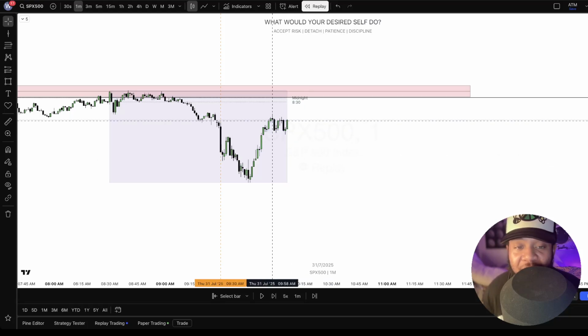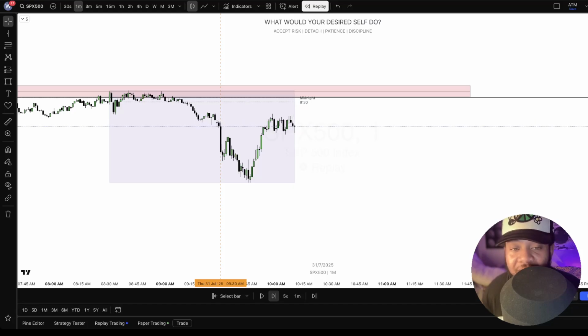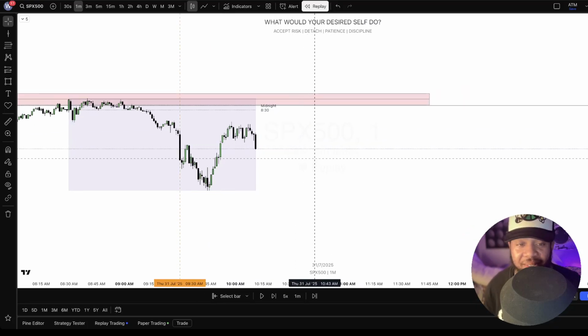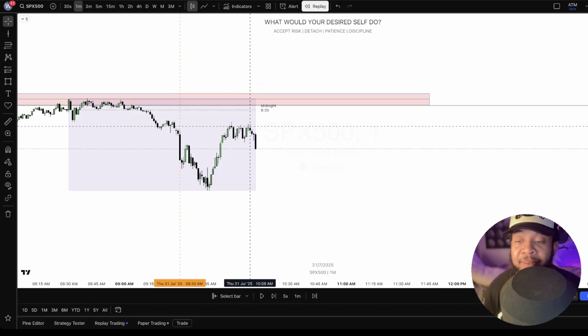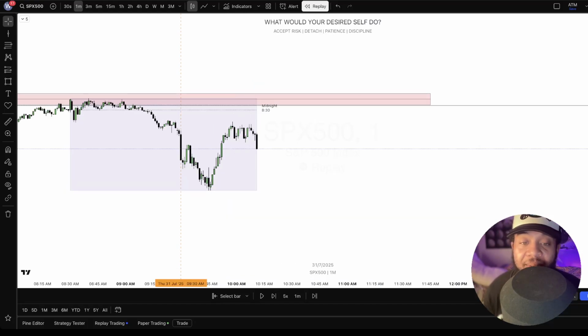So boom, we want to see how price is reacting to this 1 minute. As soon as you got this inversion, I would have got in right here. As soon as I saw this breaker structure, bullish failure swing right there, yeah, I would have got in right here.